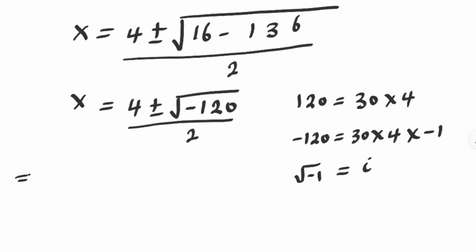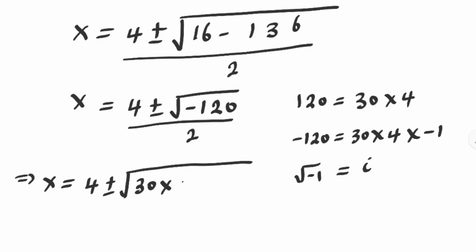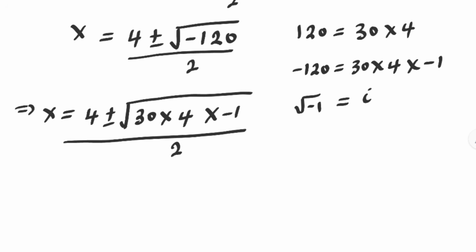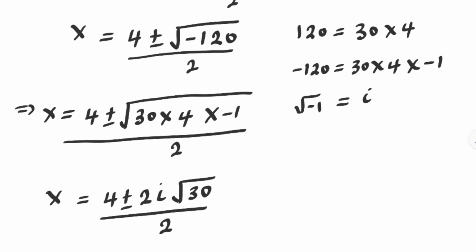Then we have x is equal to 4 plus or minus square root of 30 multiplied by 4 multiplied by minus 1, divided by 2. x is equal to 4 plus or minus square root of 4 is 2, square root of minus 1 is i, root 30, divided by 2.